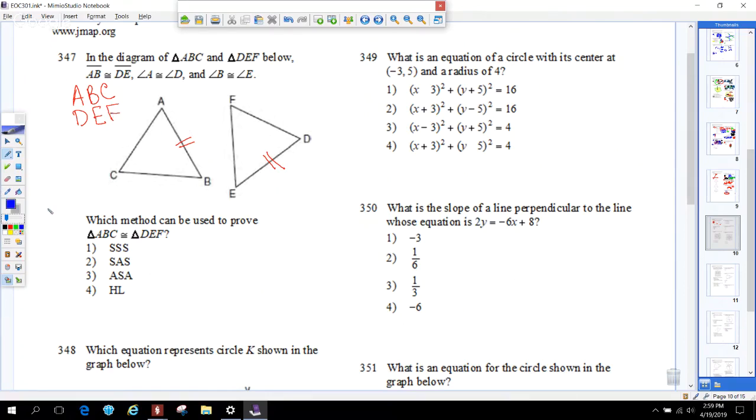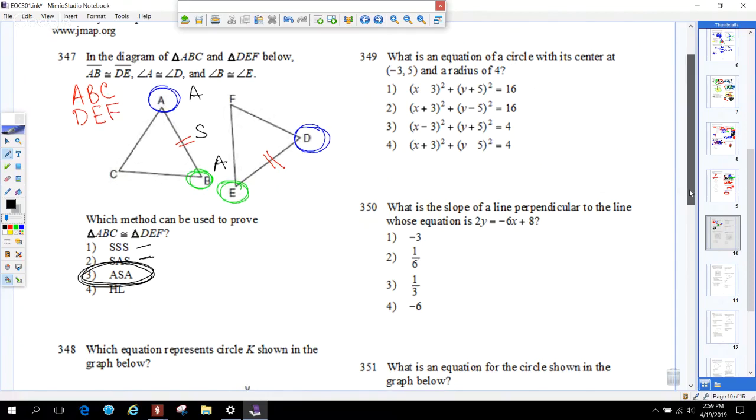It tells us that angle A and angle D are the same, and angle B and angle E are the same. Well, let's see what we have. We have an angle, a side, and an angle. It does not get any easier than that. Remember, side, side, side would be 3 sides. Side, angle, side would be 2 sides with the included angle. And hypotenuse leg, we need a right angle.